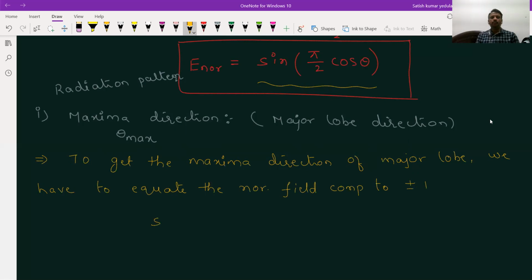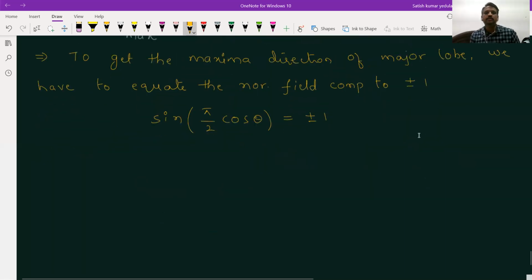Okay, equate that. Now what you will get? Sine of pi by 2 cos theta is equal to plus or minus 1.